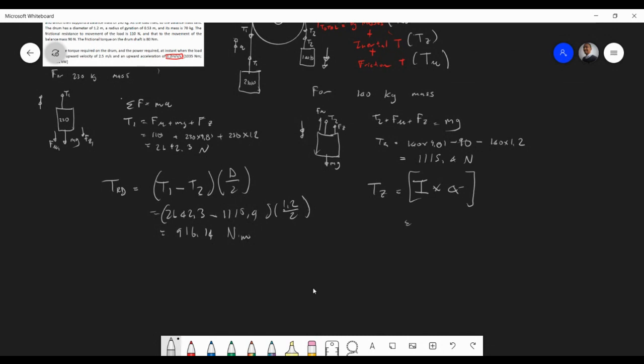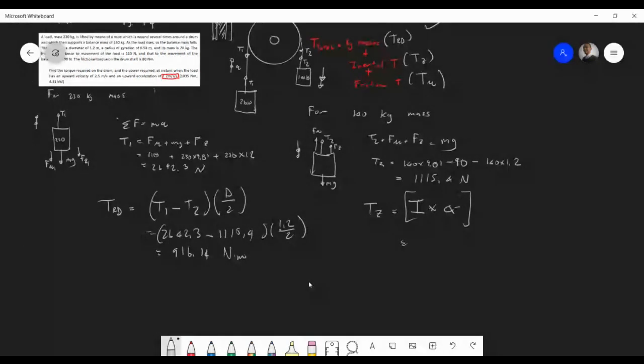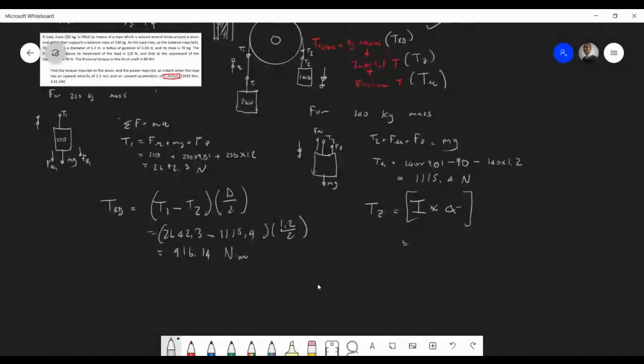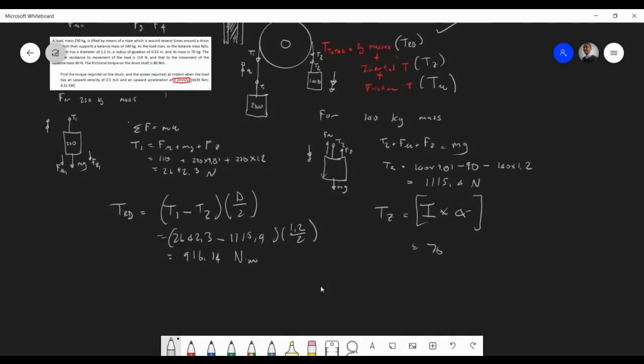So I, of course, is your mass of the drum, which is given to us as 70 kilograms. The radial acceleration is also given as 0.53 squared. And then your angular acceleration, and that is what I was talking about in the last point of the slides.